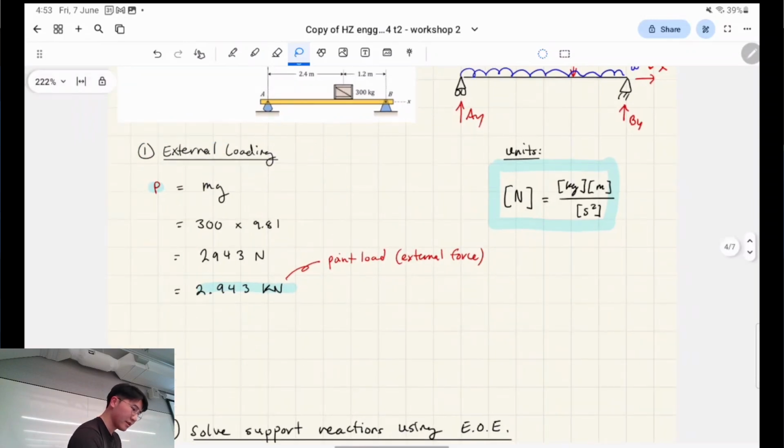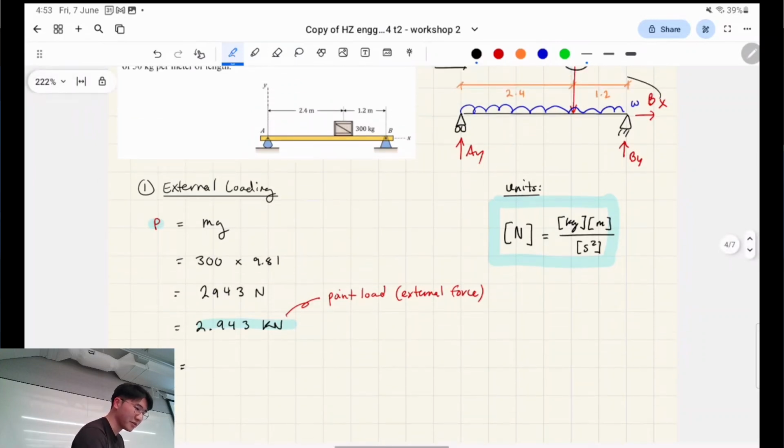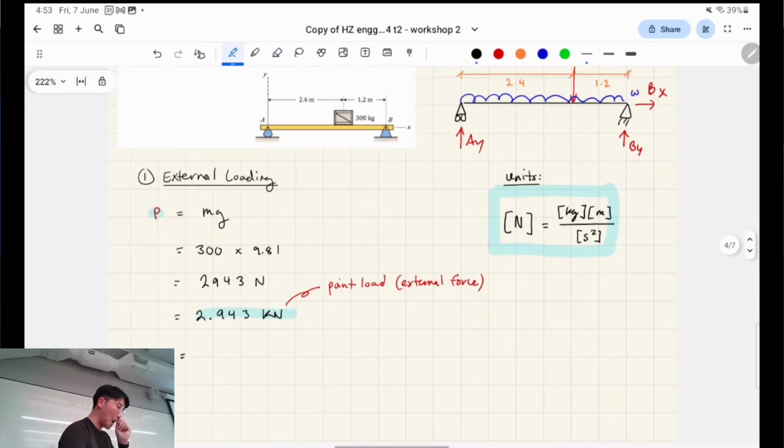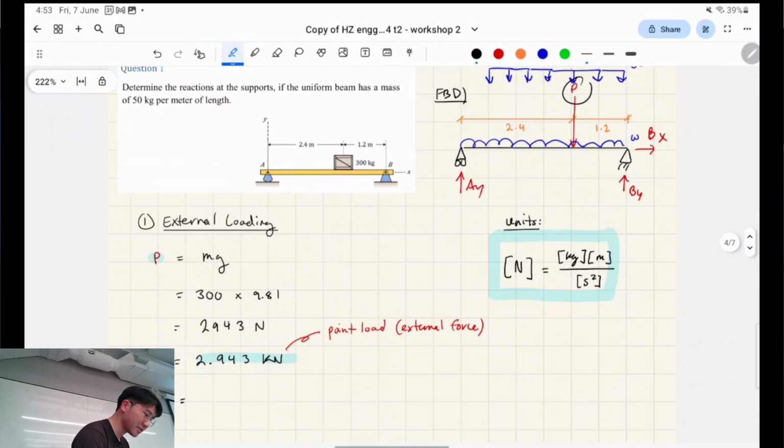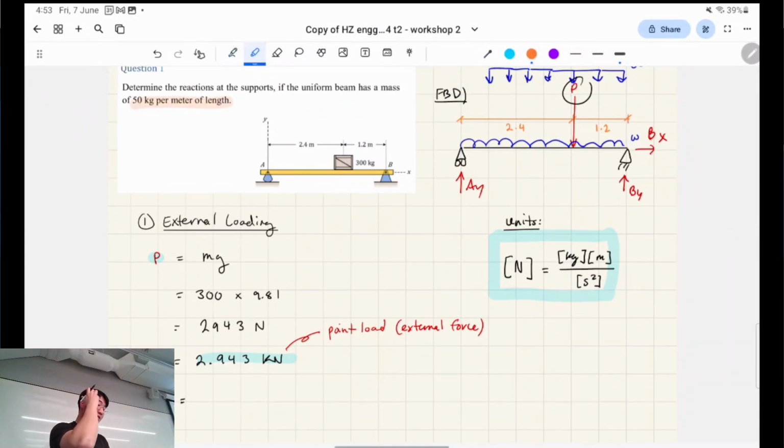Next, we're going to talk about that distributed load. That's the one I've done in blue here. Rather, I've done it up here. So this is a downwards force that's spread out over a linear run of some sort. Essentially, we're told in the question that the beam has a mass of 50 kilograms per meter of length.